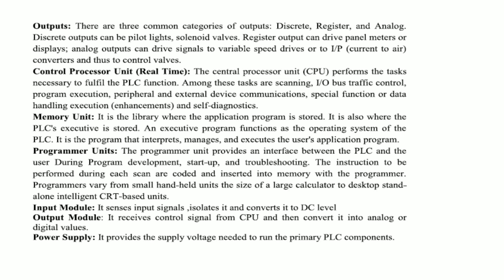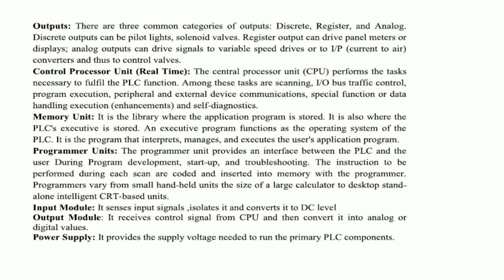Central processor unit. The central processor unit, CPU, performs the tasks necessary to fulfill the PLC functions. Among these tasks are scanning, I/O bus traffic control, program execution, peripheral and external device communications, special functions, all data handling executions, and self-diagnostics.